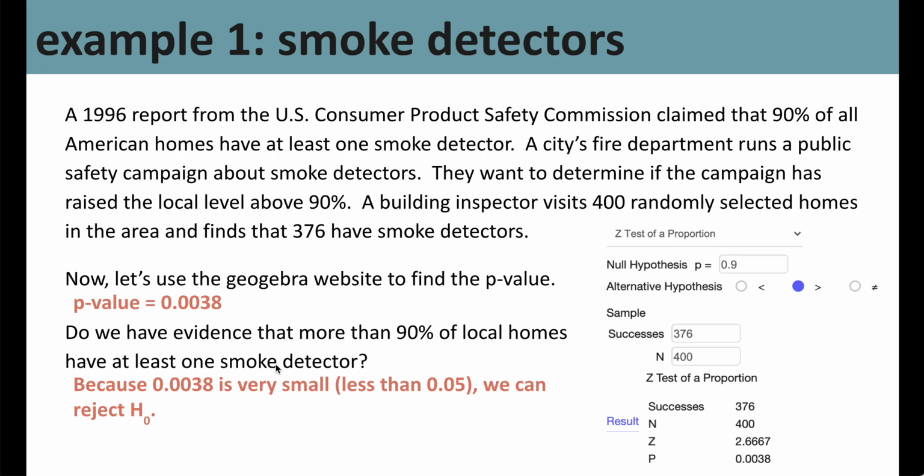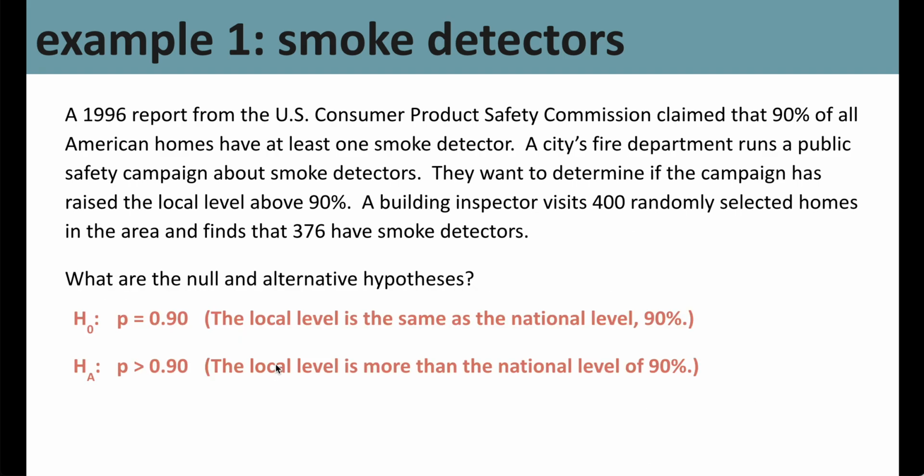Kind of rhymes. You have to say it in a little bit of an accent, but that's a good way to remember. If P is small, reject the null. So what we're saying when we reject the null, if I'm rejecting that P equals 0.9, I'm crossing that out and saying no, that means I'm choosing this other hypothesis. So I'm rejecting the null and I'm saying I have decided that there is evidence that our alternative hypothesis is true.